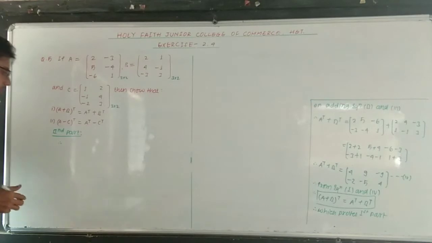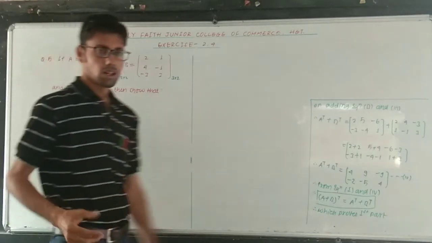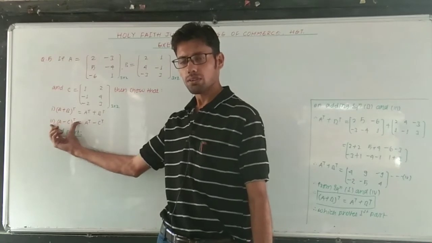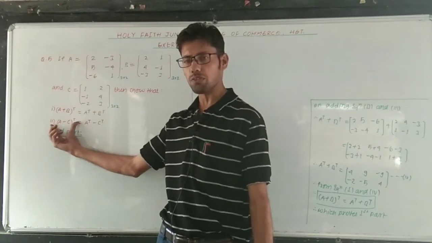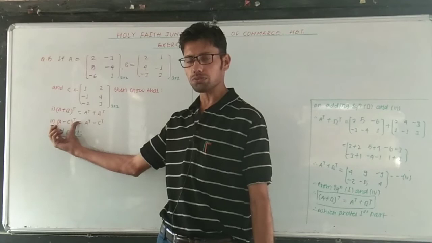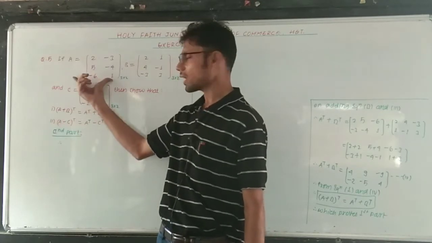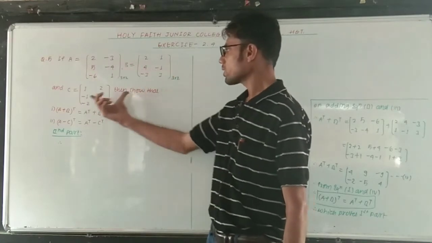Therefore what is the LHS? Transpose of A minus C. To find out the value of transpose of A minus C, first of all we have to find out the value of matrix A minus C. We have given A matrix and C matrix.